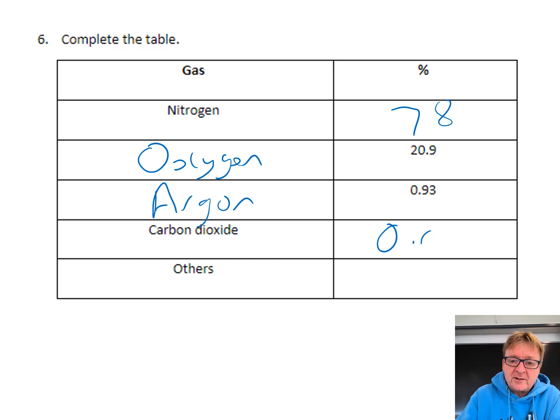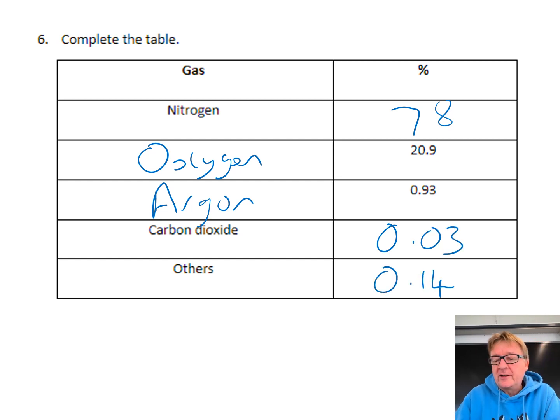Carbon dioxide 0.03, and other gases 0.14. Now theoretically those numbers should add up, which I don't think they do, they're just slightly out, maybe by about 1/100th or something like that. When you get a table like that, they do vary quite a lot, but these are the numbers that you need to fill in for the test.